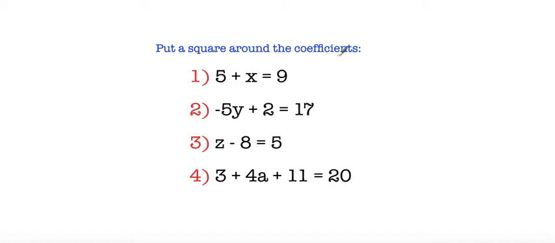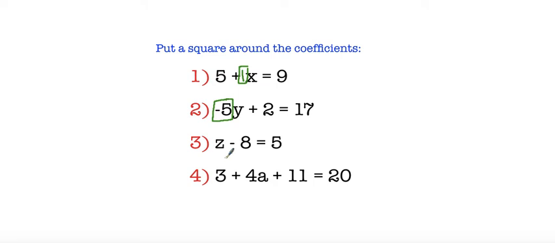So put a square around the coefficients. So here the coefficient is 1. And so 5 plus x is equal to 9. Just be mindful that it's 1. And we know it's positive because it's plus x. So here I have negative 5y plus 2 is equal to 17. So our coefficient here is negative 5.